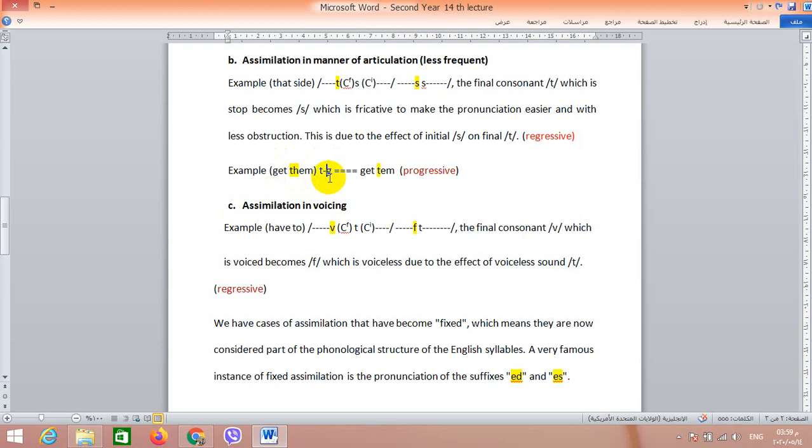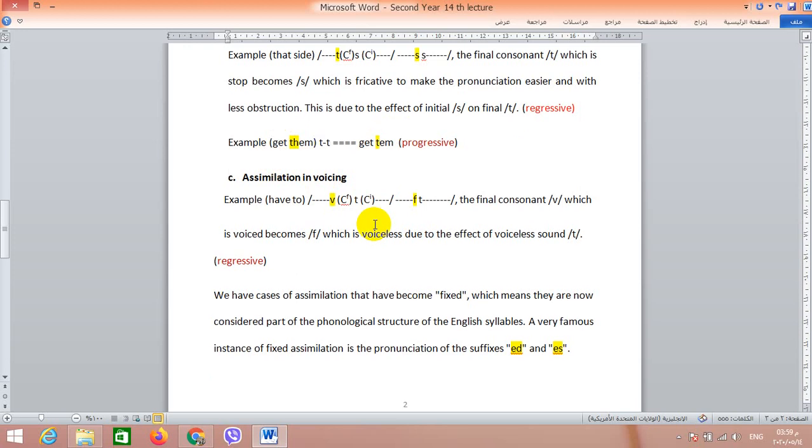It changes into another t, and they become "get tem." So this t causes the sound to change and become t. This kind of assimilation is progressive because t, which is the final consonant of the word get, changes the initial consonant of the word them. This is progressive, but again, as I said, this is not a very frequent case in English.